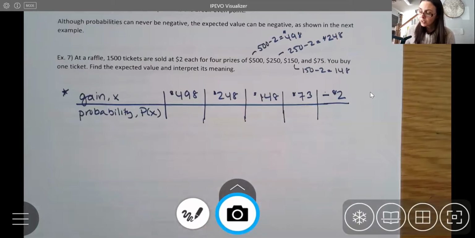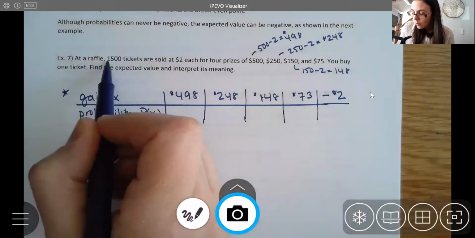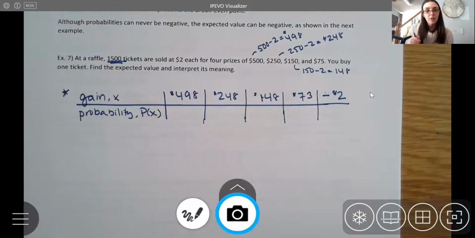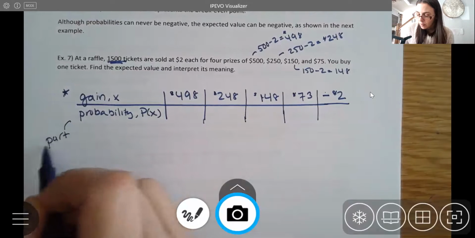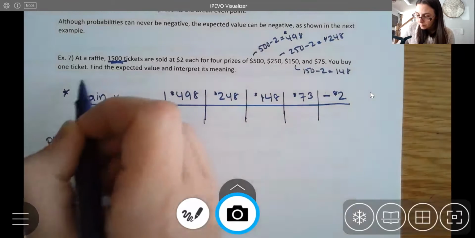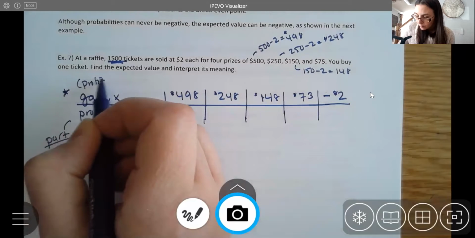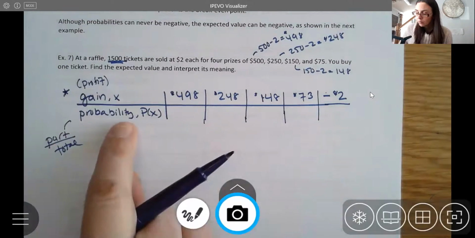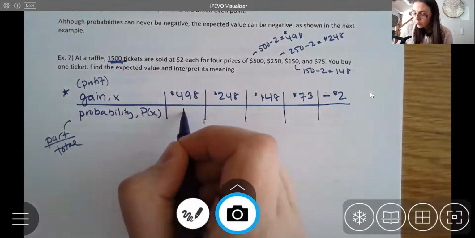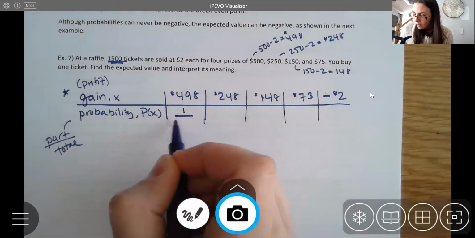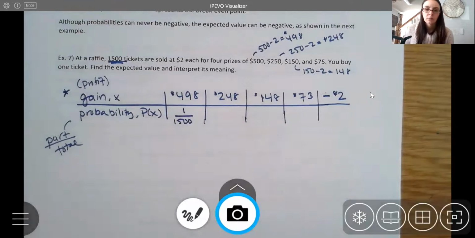Now, think about the chance of somebody winning, right? There are 1,500 tickets sold. Probability is always part out of total. So there's only one $500 winner, right? There's one chance to win, and there are 1,500 total chances.